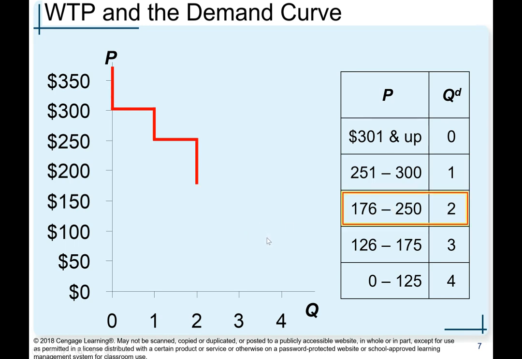When the price goes down to $126 to $175, three iPods will be purchased. And when the price goes down further, the fourth iPod will be purchased. Okay, so this is a typical demand curve.